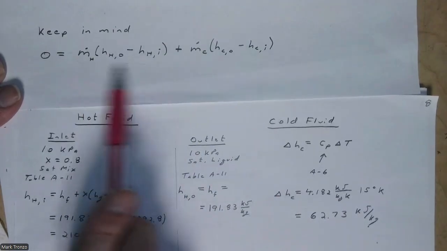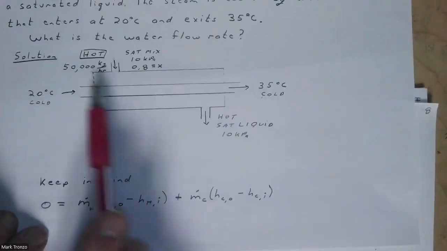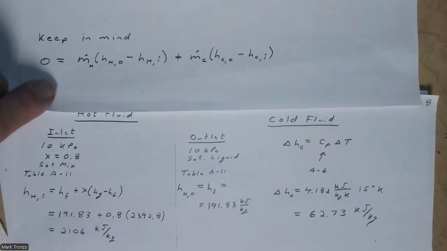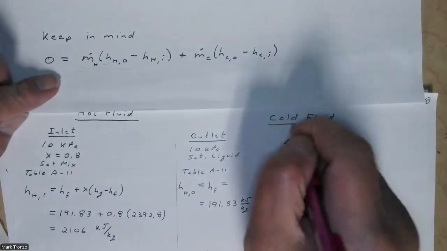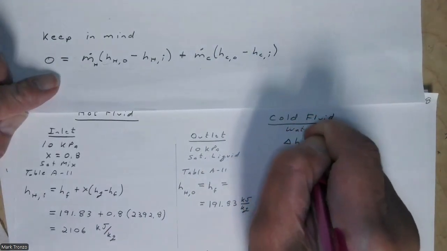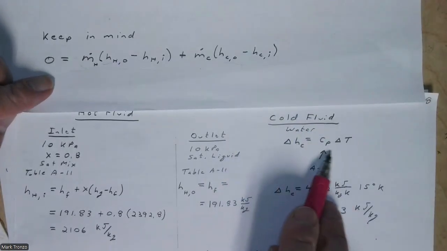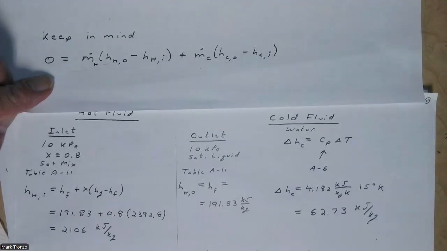And so then we know all of these values here because we know the flow rate, so we know everything here. And we're looking for this m_c, so now we're going to work on this side over here. And again, for water, we're going to use delta h equals c_p delta T. And if you look in the table A6, I'm going to use around 4.182.